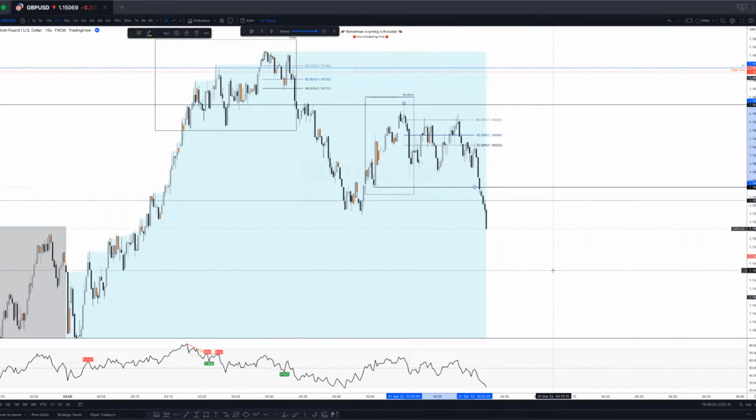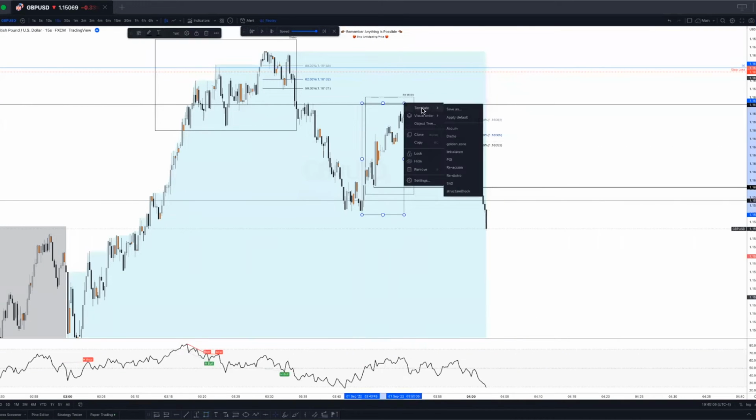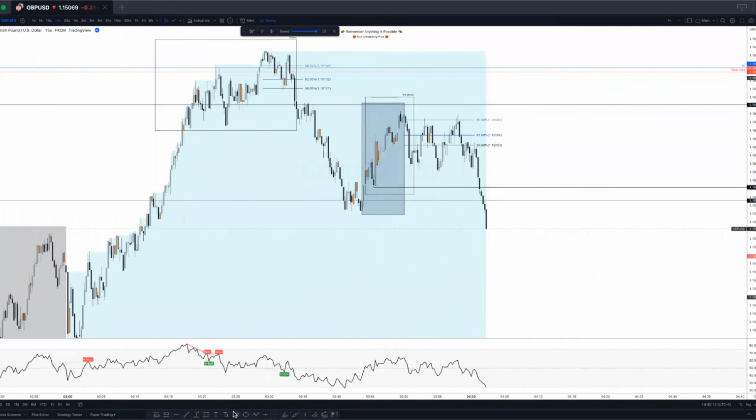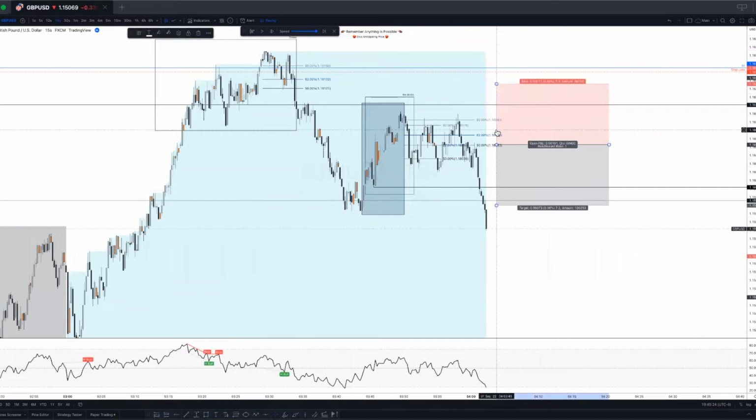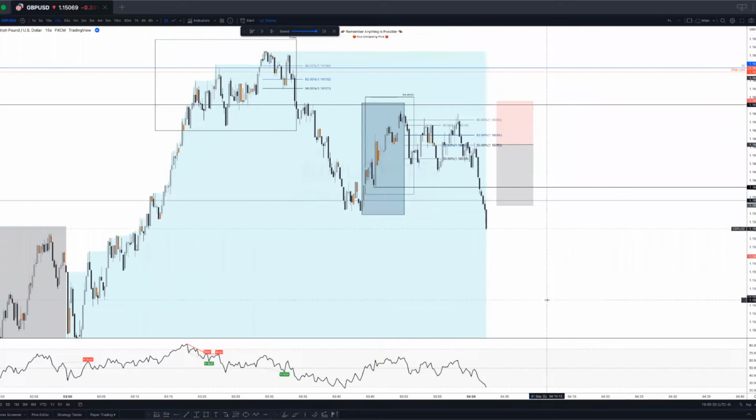So that's one. And then you have the entire structure block too, from here to here, right? So let's measure that entire move from here to here. Do we have confluence? And we do. Okay. It's at the 62 and the 50. How big is that stop? 5.2 pips. Okay, not bad.